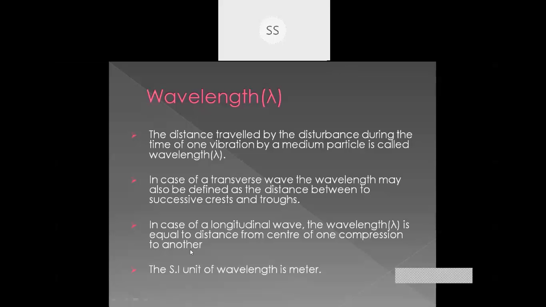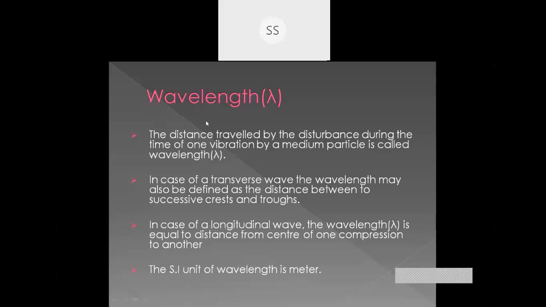When the particle goes forward, we call it expansion. When the particle goes backward, we call it compression. So the distance from the center of one compression to another is its wavelength in case of a longitudinal wave.